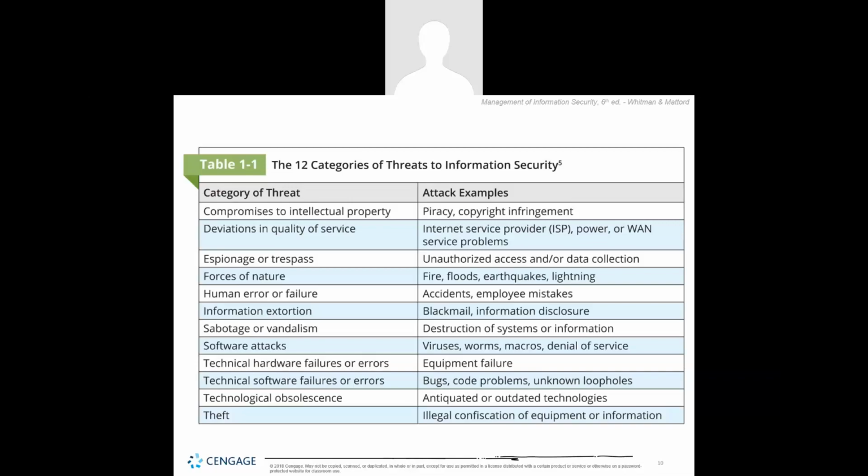It could be a router, a switch, the computer itself, or a hard drive. Software failures are bugs or problems in the code. Then technological obsolescence, which is outdated technology, and then you also have theft, where the equipment is stolen.